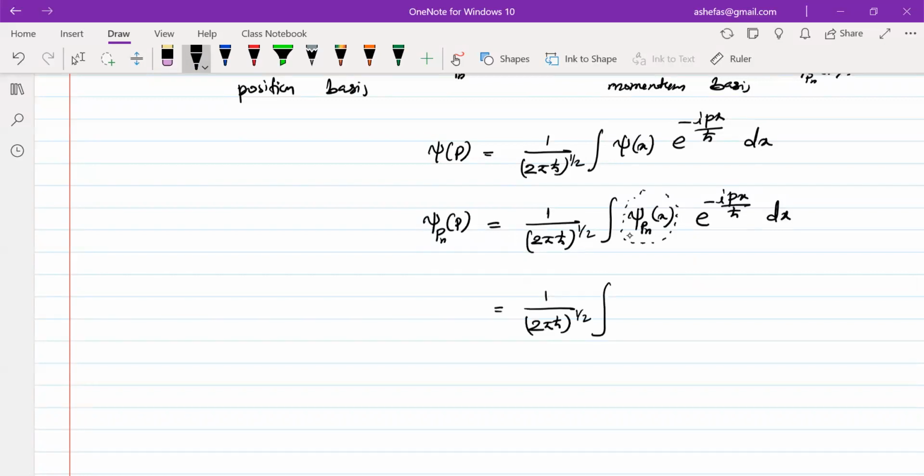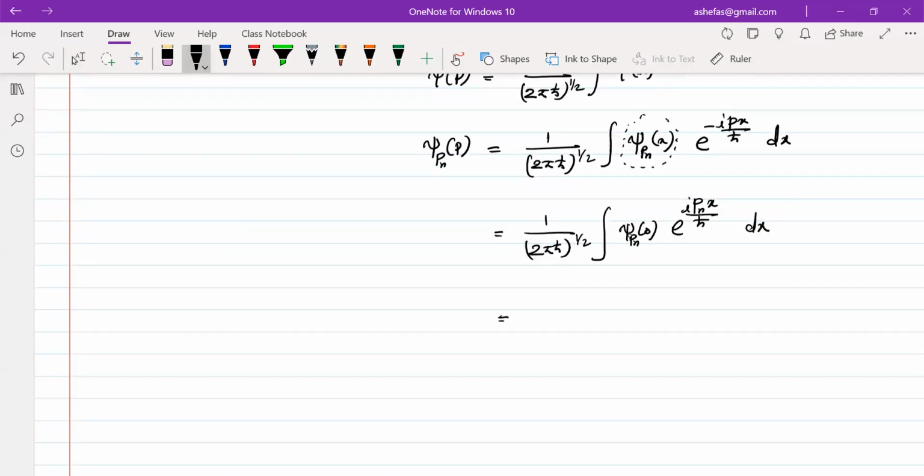So the integral of psi Pn of x gives psi Pn of 0 e raised to i Pn x by h cross dx. So that is equal to psi Pn of 0, which can be taken outside, 1 by square root of 2 pi h cross. Okay, I forgot to write this e raised to i px by h cross dx.